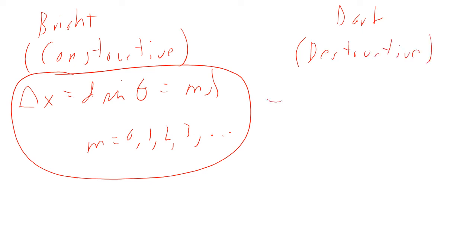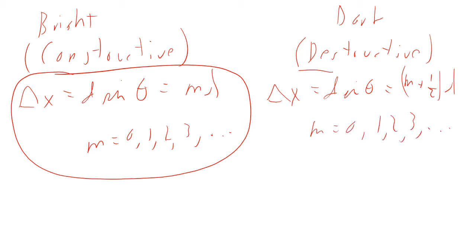That's going to be when delta x, that's our d sine theta, is equal to (m plus 1/2) lambda. Again, m is going to be 0, 1, 2, 3, and so forth. Okay, so now we have the conditions for constructive or destructive interference, so where you have a bright spot or you have a dim spot.